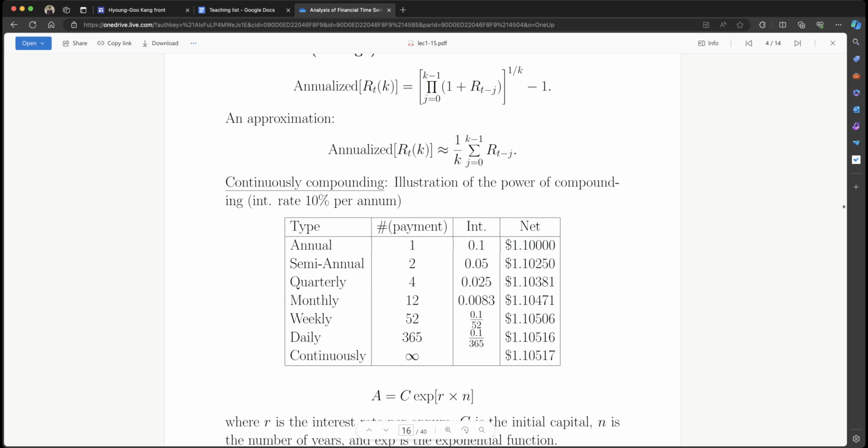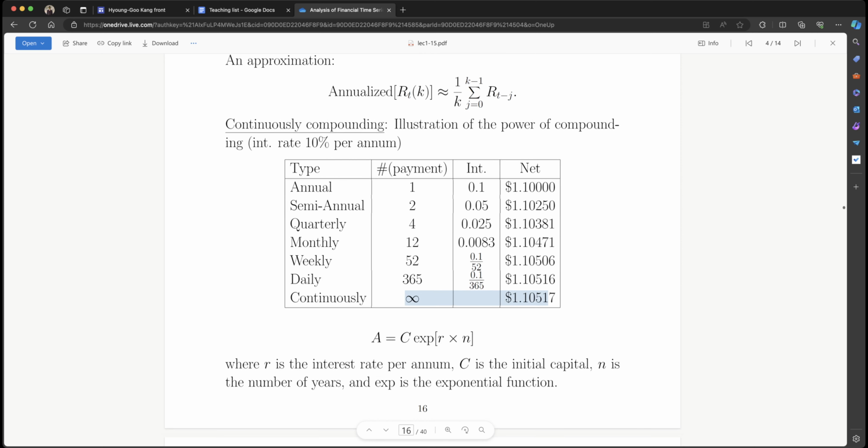Semi-annual, 10% per annum, so 5% for every 6 months. So we do this one, 5%, 5%, 2 times 5%, then we have this one. So if we do infinite, we have something like this one. So we know continuous compounding will look like this one.